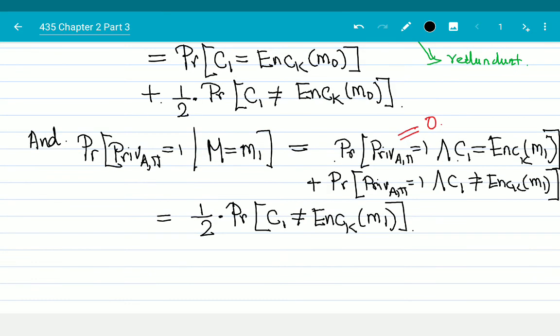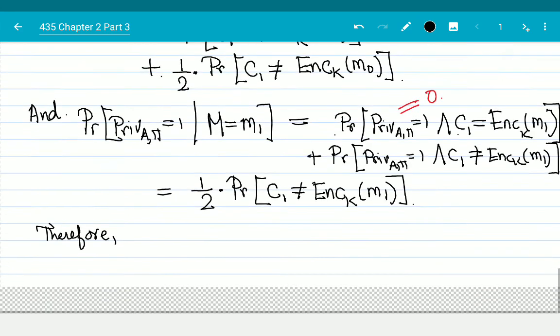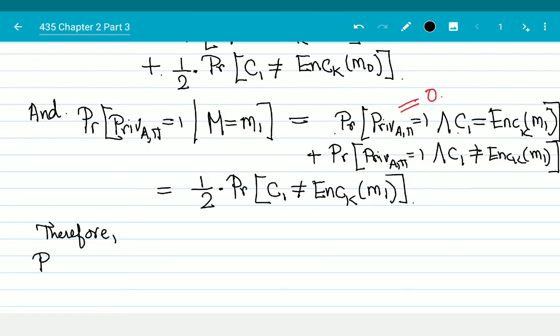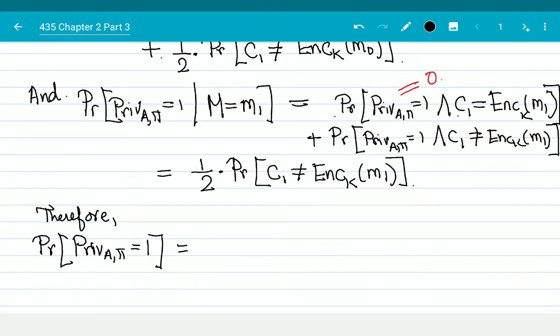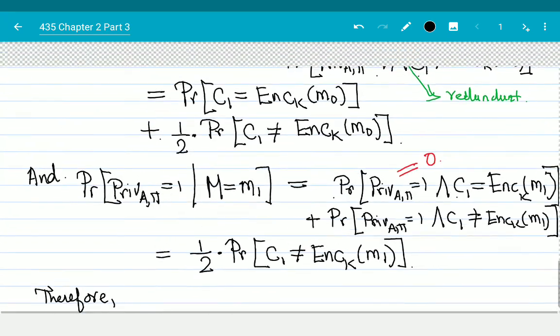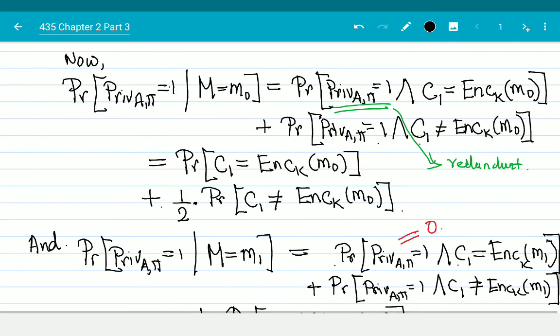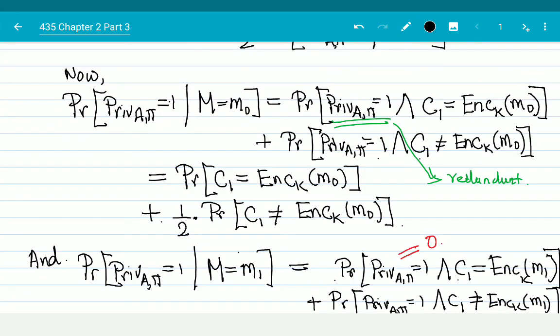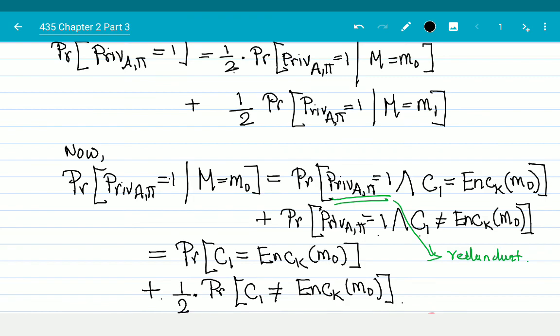Okay, and therefore, the total probability of my experiment succeeding, which was the probability that priv A pi is equal to 1, which is the sum of these two cases, is actually equal to 1/2 times, well, either the message chosen is M0 or the message chosen is M1. Each of them happens with half probability.